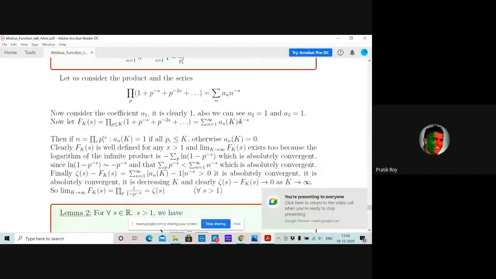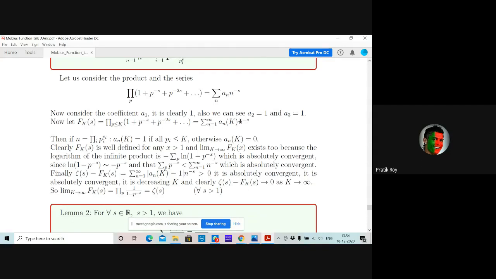Okay, so the coefficient of a1, that is, the coefficient of 1 by n. So how can you obtain 1 by n? All the primes involved must have the power s as 1. So you see that if we assume them as boxes, each of those boxes has a particular s.